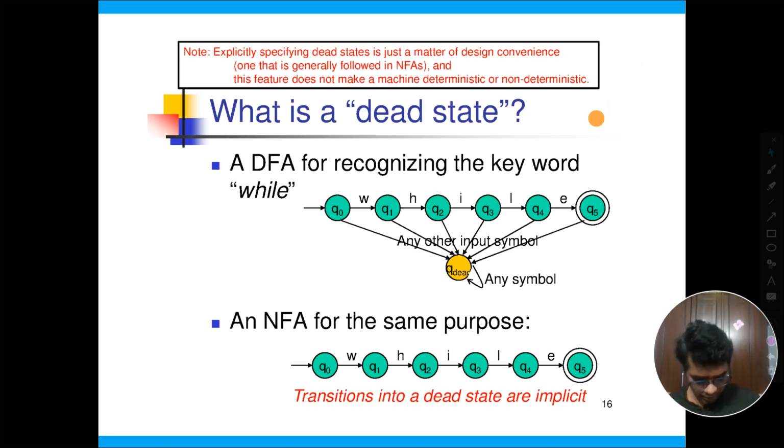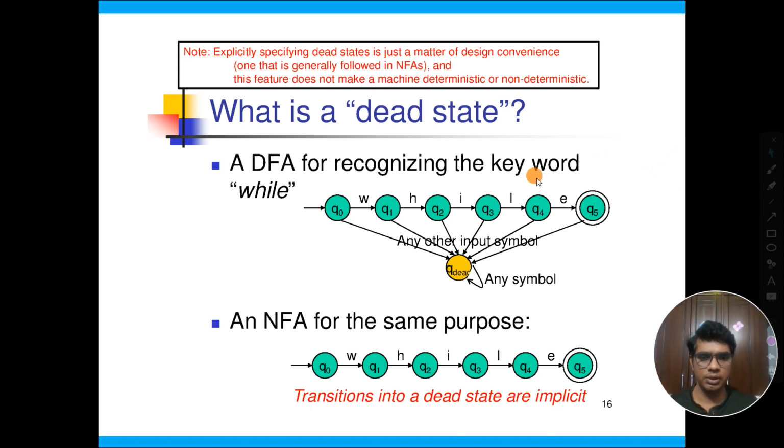This finite automata, or automata theory, has applications in various areas like pattern recognition, search engines, and compilers. One example is recognizing some words.